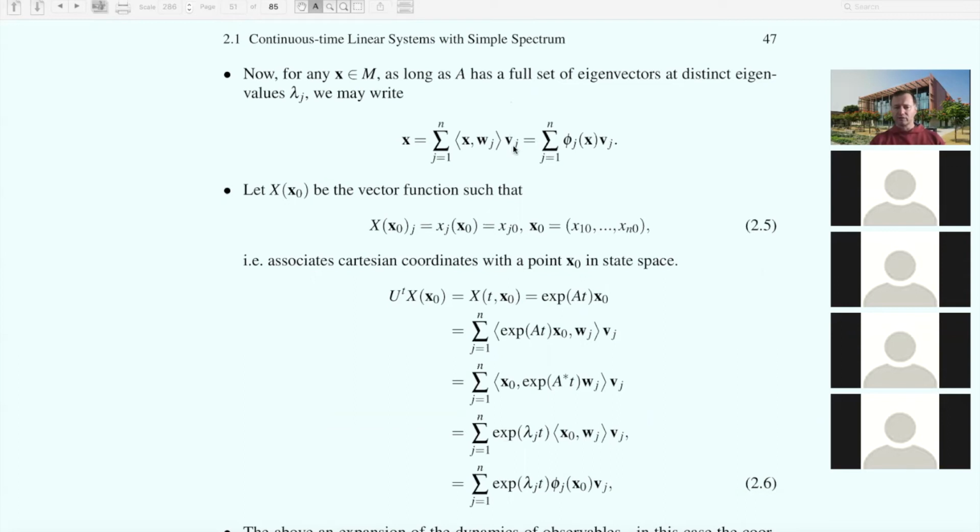We have the eigenvectors vj, those are v1, v2, to vn. So that's our eigenvector basis, and note that it's a complex basis, but I can represent any real vector in that complex basis by inner producting that real vector with w1, which is the eigenvector of the adjoint, w2 to wn.